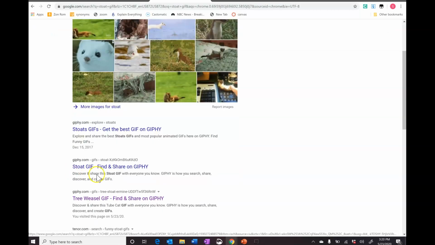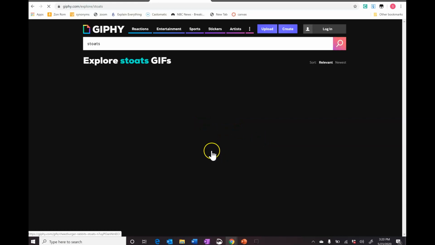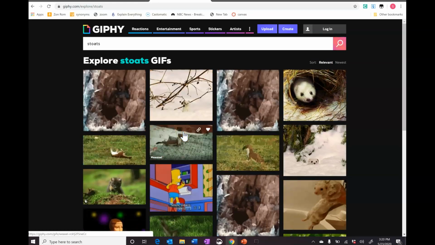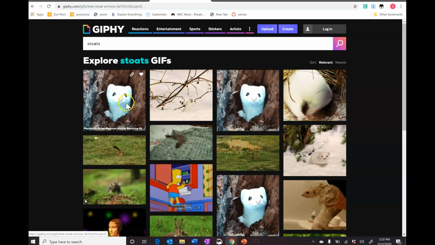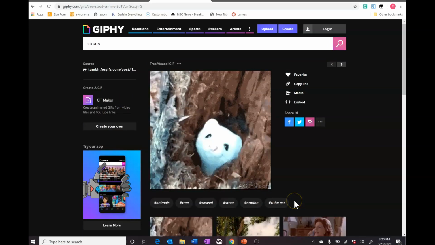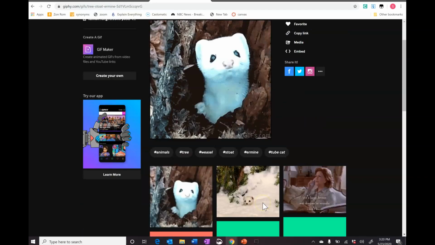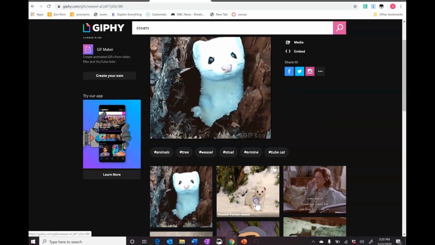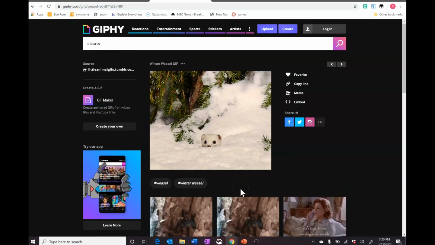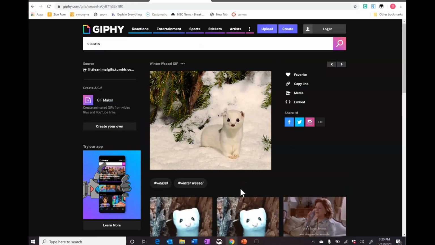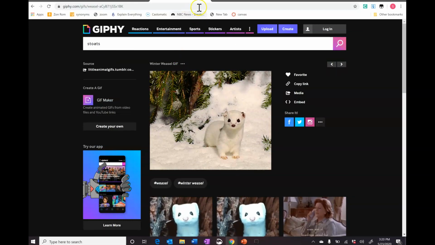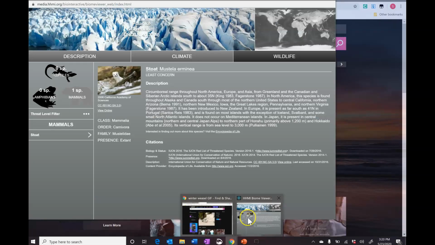There's a really cute, what do you call those little short videos, GIFs of stoats? Oh yeah, here he is. Just look how cute he is. Those are stoats, and apparently they live in Greenland. Oh, this one's cute too. But there you go, the lone inhabitant of the polar ice region of Greenland, right?